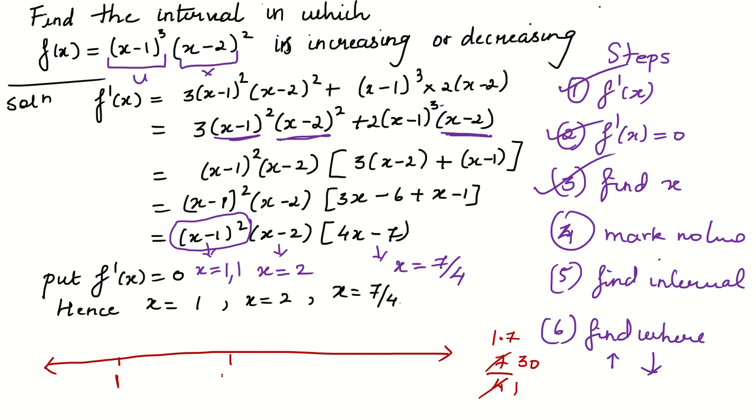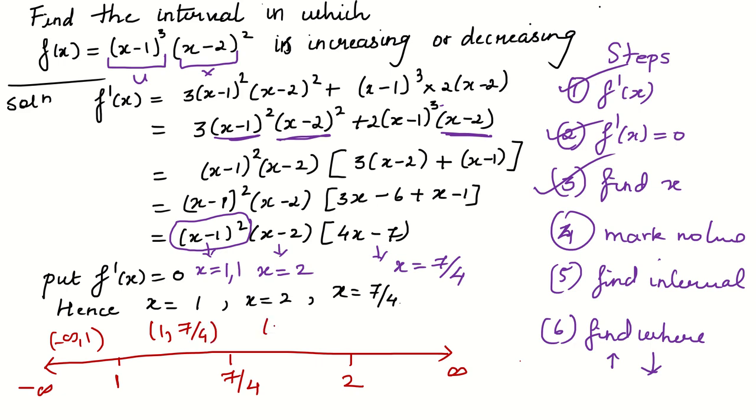So 7 by 4 will be here and then will be 2. And this side is infinity and minus infinity. So basically the intervals will be minus infinity to 1, 1 to 7 by 4, then 7 by 4 to 2, and 2 to infinity. So these are your 4 intervals.